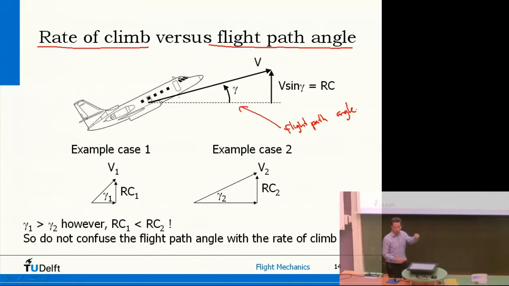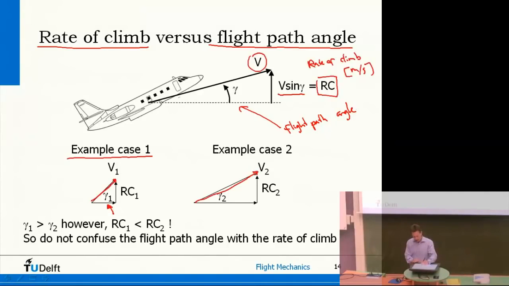Now this is of course a bit exaggerated, you'll never climb that steeply, but it's just to show you the picture. Now let's say there's another airspeed where at that airspeed you can't climb that steeply, but you can fly pretty fast. So here the airspeed is very large, but the gamma 2 is a bit smaller.